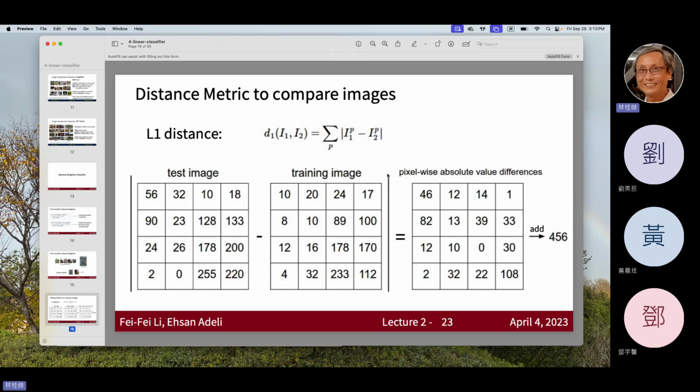How much difference do you get for each one of them, and you sum them up. That would be the L1 distance of your model. So each picture is supposed to give you some value. You can compute the value, for example here, by taking the difference for each pixel. But there could be some other ways of comparing between the training and the input.